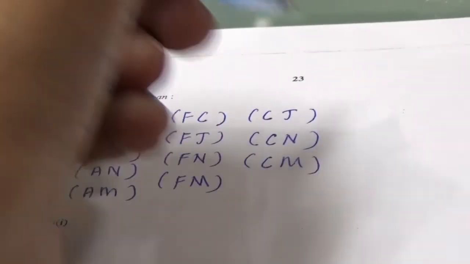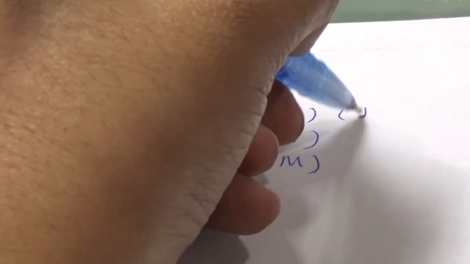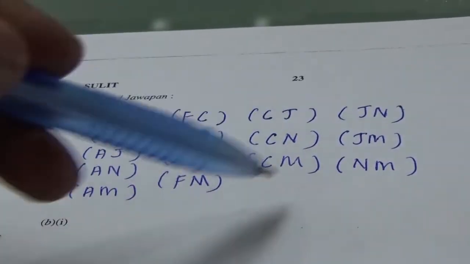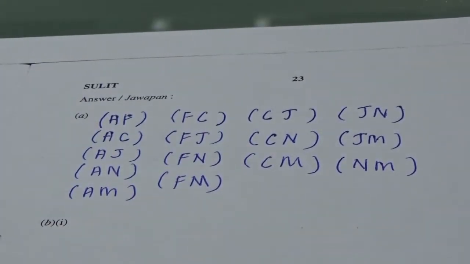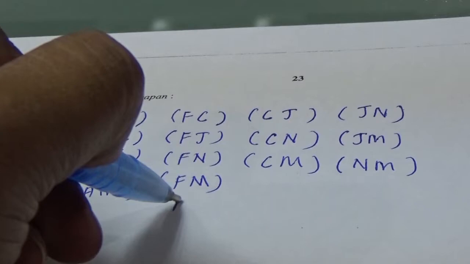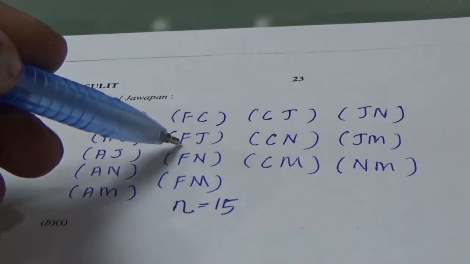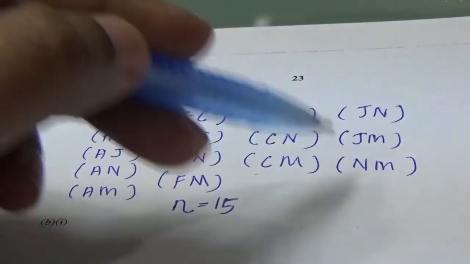Then we have Cindy, John, Cindy, Nancy, Cindy, Mary. Then we have John, Nancy, John, Mary, and finally Nancy, Mary. So these are all the possible 2 members from the society to be dropped off at random places. So there is a total of 15 possibilities. 1, 2, 3, 4, 5, 6, 7, 8, 9, 10, 11, 12, 13, 14, 15.